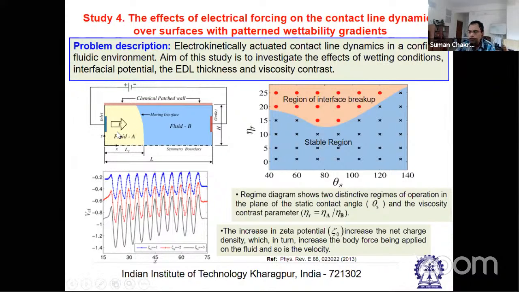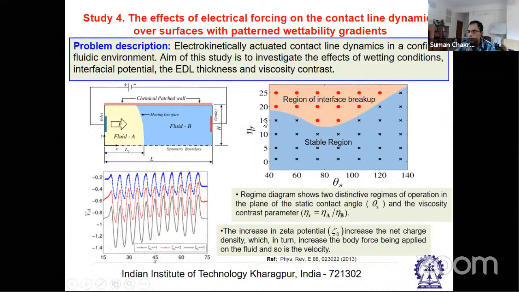So you can see that there is a fluid A and fluid B. It is acted upon by an external force which is given by an electric field, and depending on the ratio of the viscosity and the applied electric field, it is possible that the interface, the fluid A, in a stable manner moves towards the right by displacing fluid B, and in some cases the interface may be unstable and it can break up. And that instability is itself a function of the contact angle at the surface.